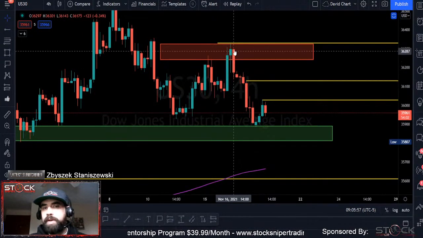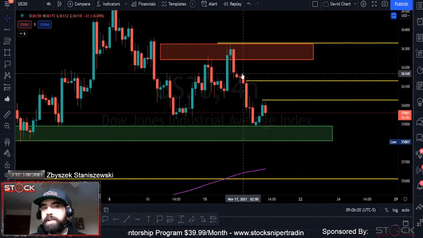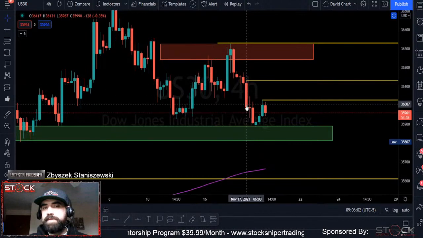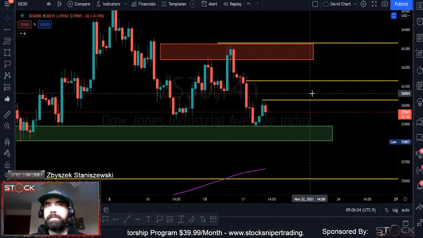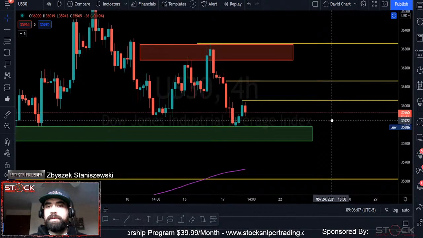So that was the area where they sold off. They tried to retrace it here, opened up, massive selling pressure coming in.